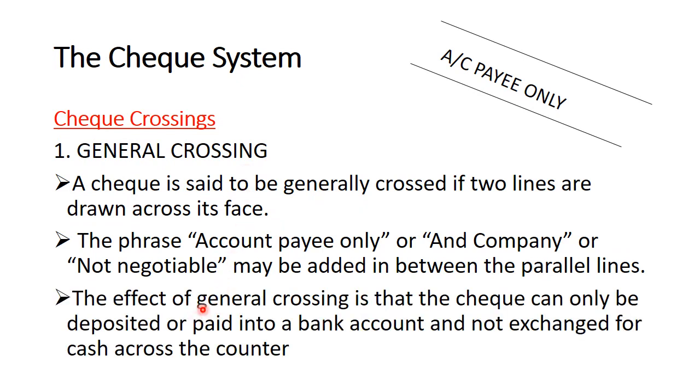The effect of general crossing is that the check can only be deposited or paid into a bank account and not exchanged for cash across the counter. This is from the definition of check crossing, which emphasizes that when you take this check, you are not expected to be paid right there and then.